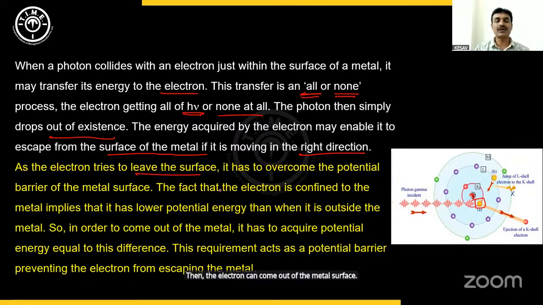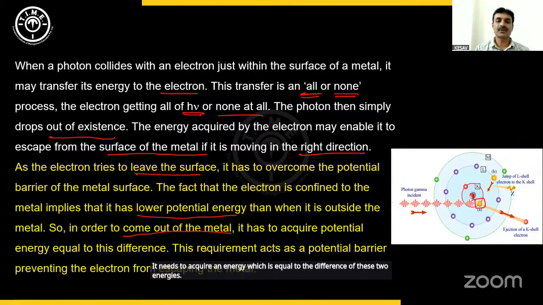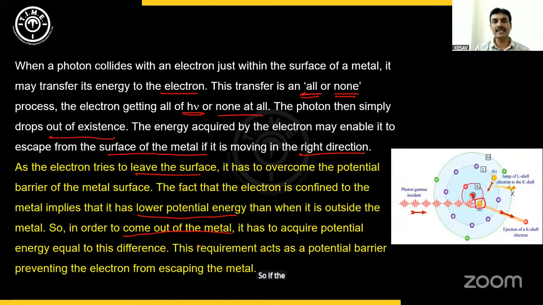Within the metal, as long as the electron is within the metal, its potential energy is less. It possesses lower potential energy than when it is outside the metal. So, if it has to come out of the metal, it needs to acquire an energy which is equal to the difference of these two energies. So, if the incoming photon has an energy equal to or more than that difference of the potential energies, then it can lead to the emission of that electron.